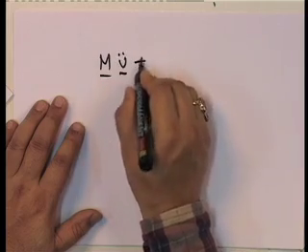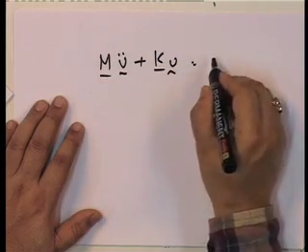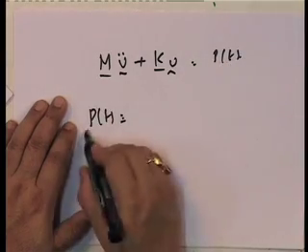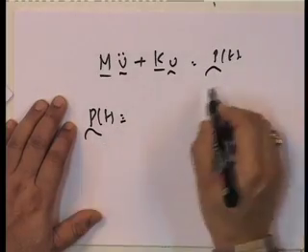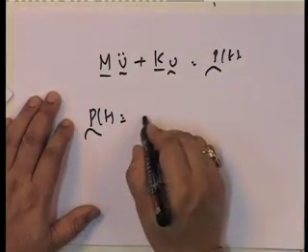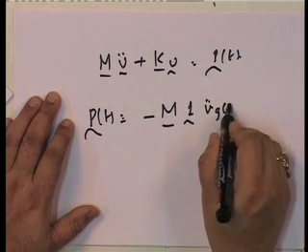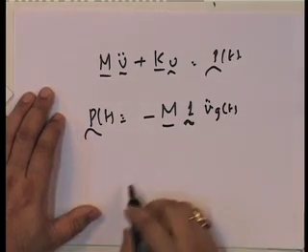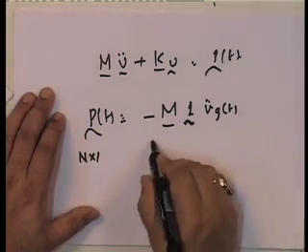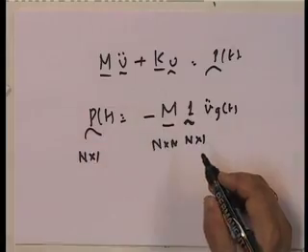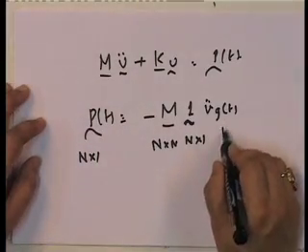So, we have a situation where we have m v double dot plus k v is equal to p of t, where p of t, this is a vector, is nothing but minus m into a vector of 1s into V g of t. Okay. So, this is an n by 1, this is an n by n, this is an n by 1 vector of 1s, all of them are 1, and this is a scalar.